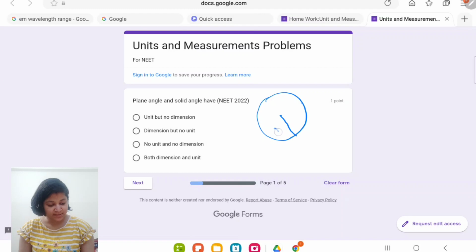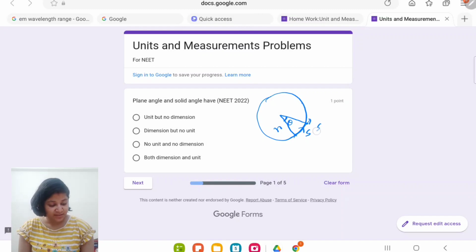This is the radius and the particle moves like this. So after a certain time it reaches this point over here, and if this distance is very small, we can consider this as a linear distance s. So this becomes a right angle triangle with the angle theta subtended at the center.